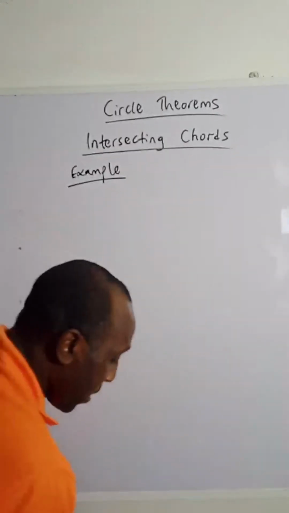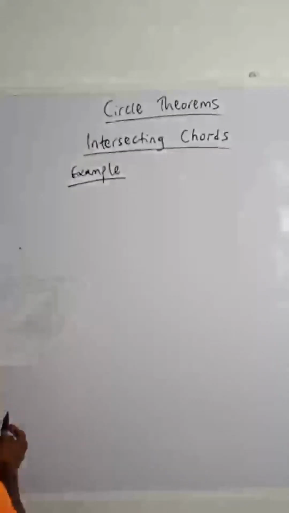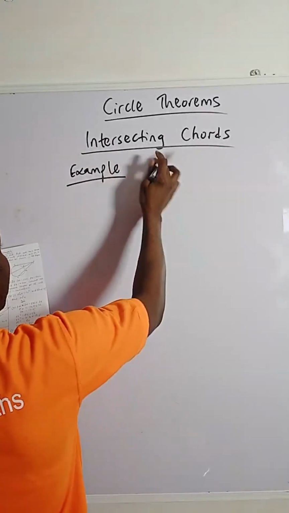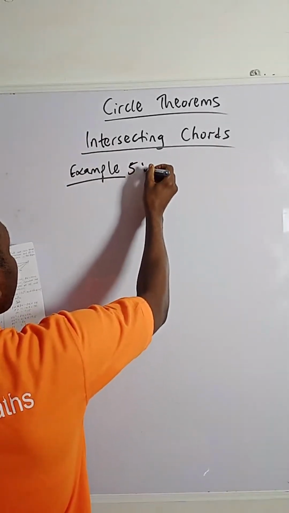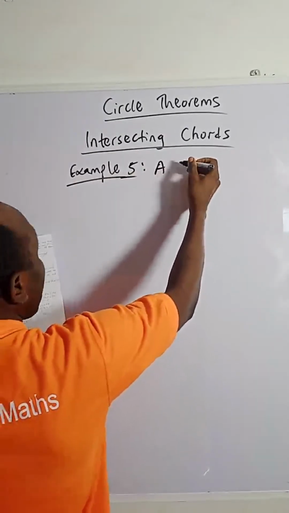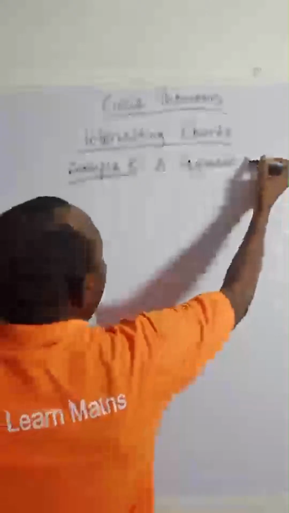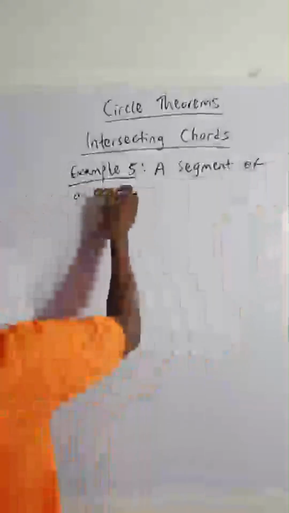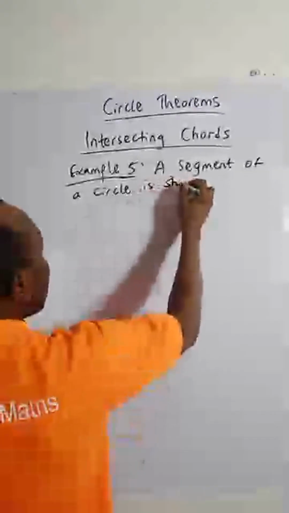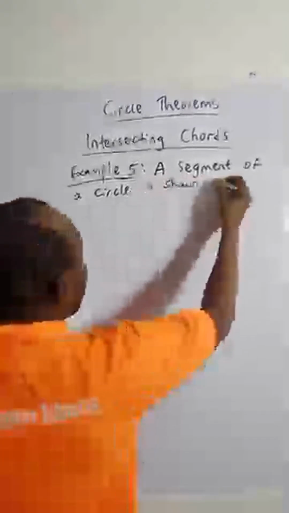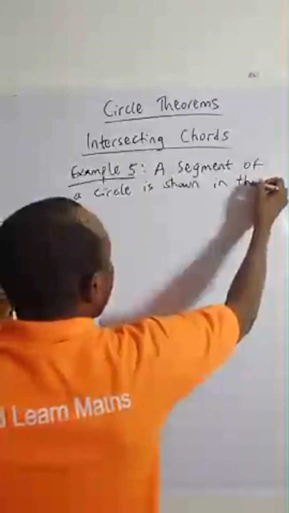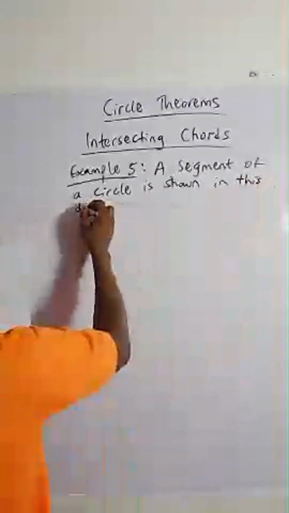Now, this is going to be a very interesting question. I think this is example 5 now. A segment, we know what a segment is, of a circle is shown in this diagram below.